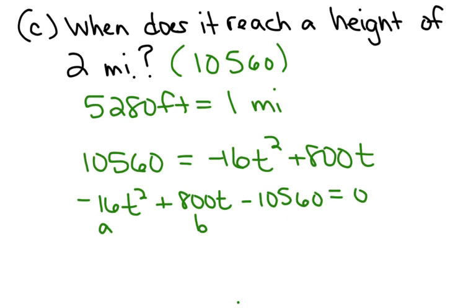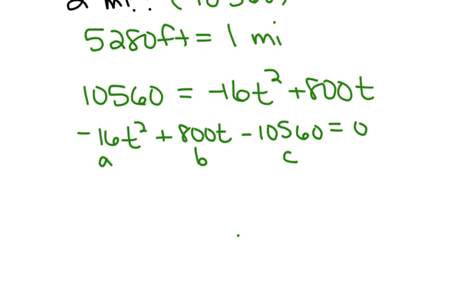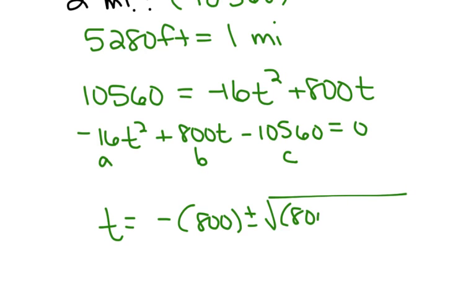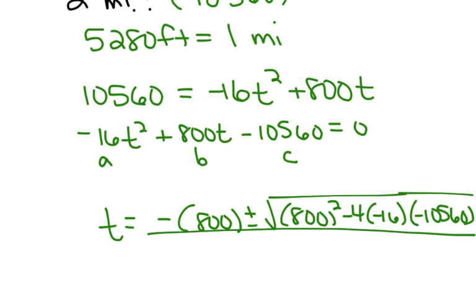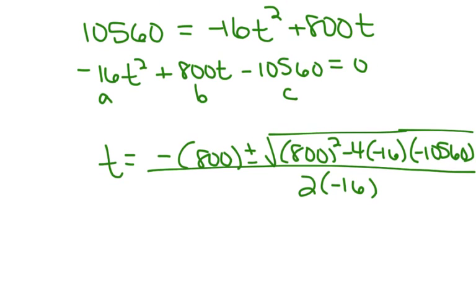This is A, this is B, this is C. When I go plug this into the quadratic formula, I'm going to get t equals the opposite of B plus or minus the square root of b squared minus 4ac all over 2a.